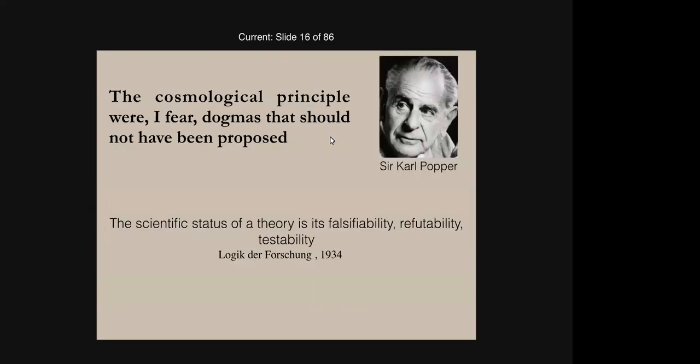And one of the most important and influential people who did a lot for the philosophy of science attacks this work of Milne, and he says the cosmological principles are dogmas that should not have been proposed. And this is by Karl Popper, who believed in the falsifiability of science. But we are not in the 30s anymore, and we do believe that the theories we write should be falsifiable.